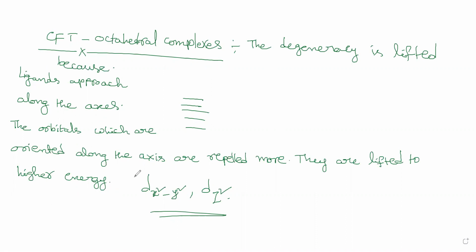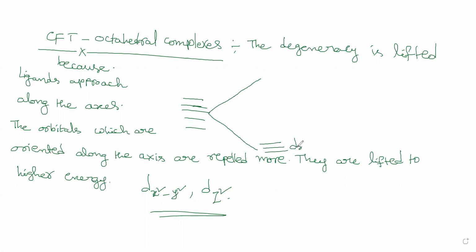The orbitals which are oriented along the axis are repelled more and lifted to higher energy. So there is no degeneracy left. Two orbitals will go to the upper level and three orbitals will go to the lower level.